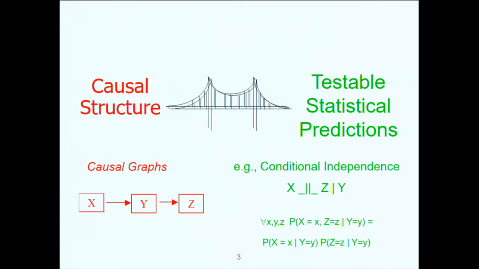If I intervene on y in this graph, I cut out the xy edge, a hard intervention, and I leave this one in. If I intervene on y and the graph is going the other way, I cut out the zy edge but leave in the yx edge. So the way the graphs respond to intervention is what we really care about. And connecting the graphs to something we can test, so that the testing tells us something about what would happen if we intervene, is really the gold standard we're after. Okay.